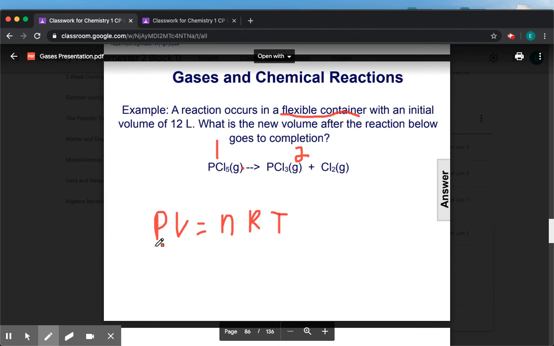Okay, now let's look at our equation. It says flexible container, which means volume is going to increase, and we are assuming pressure is being held constant. So P is not going to change. That's the assumption we are making. And temperature is also not changing. So if moles doubles, what's going to happen to my volume?